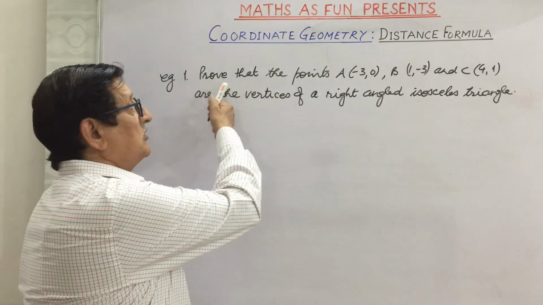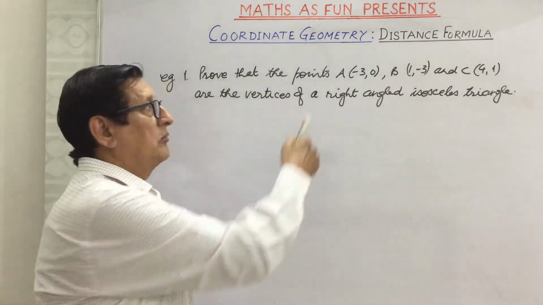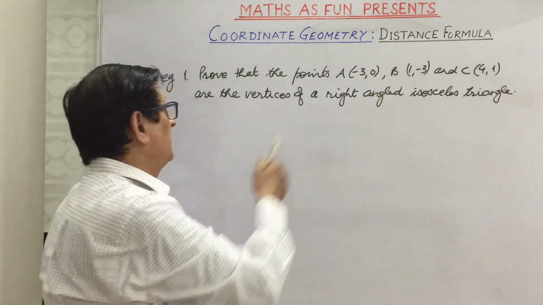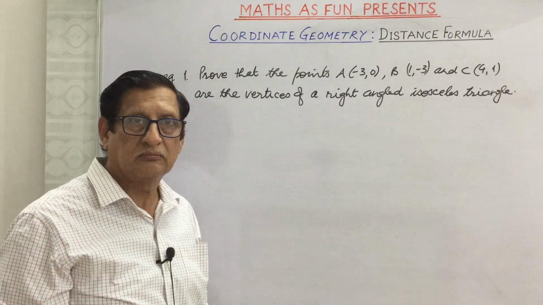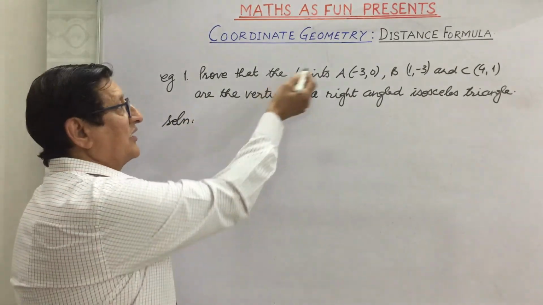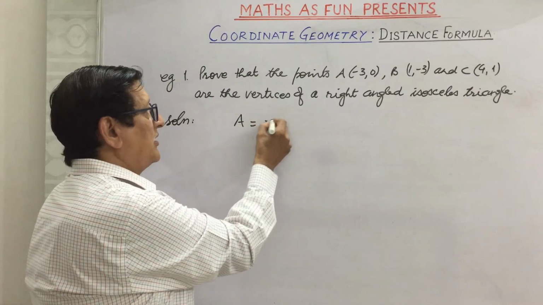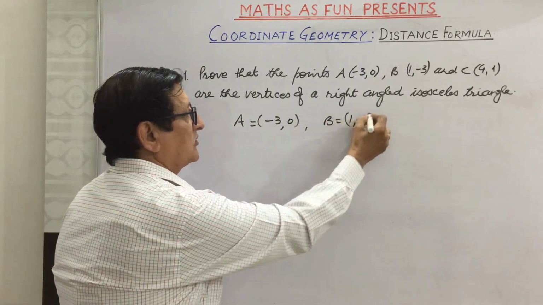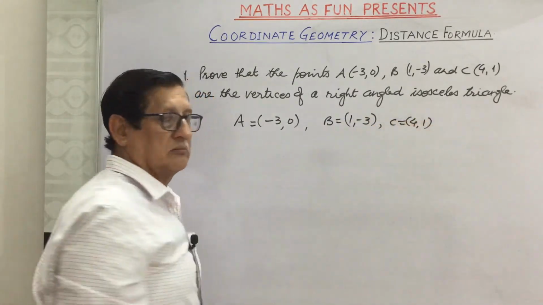The first one is: prove that the points A(-3, 0), B(1, -3) and C(4, 1) are the vertices of a right angled isosceles triangle. For the solution, first we write the points which have been given to us. A is (-3, 0), B is (1, -3) and C is (4, 1).